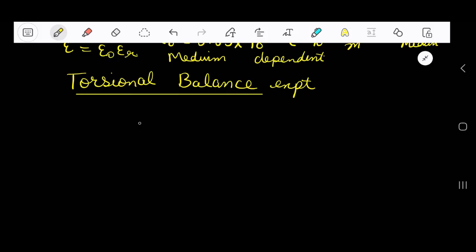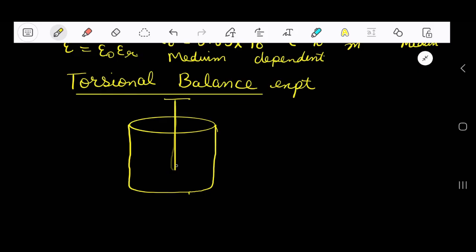Let me give you an overview of how he performed it. He took a glass jar and suspended a body in such a way, and another body, let me say body A and B.